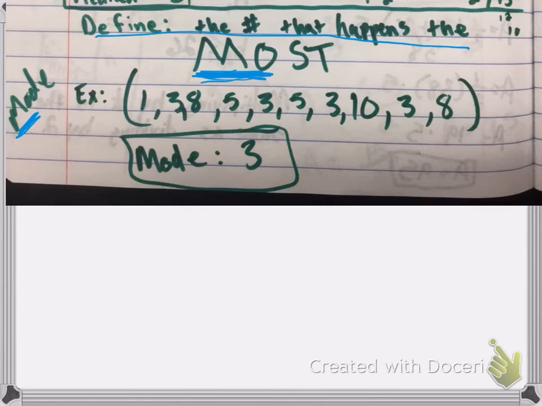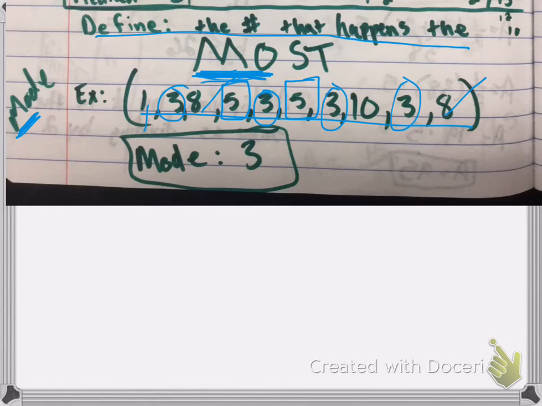Okay, so which one happens the most? So I look at my number set, and I look, well, there's 1. I only see one 1. There's a 3, there's a 3, there's a 3, there's a 3. Okay, and I've got my 8s. Well, there's an 8, there's an 8. Then I've got my 5s.